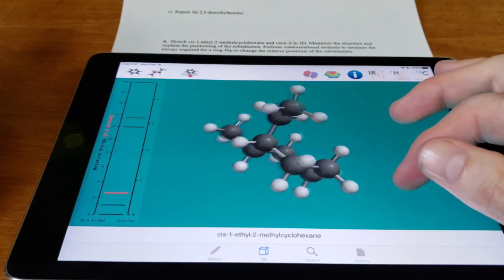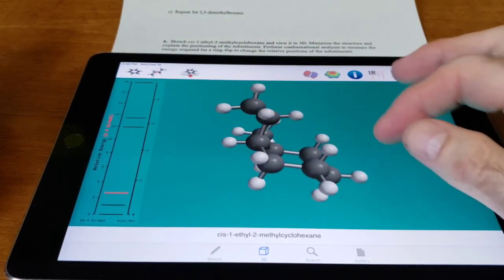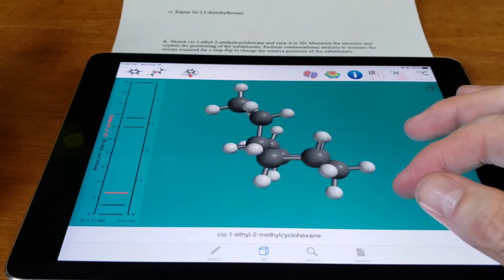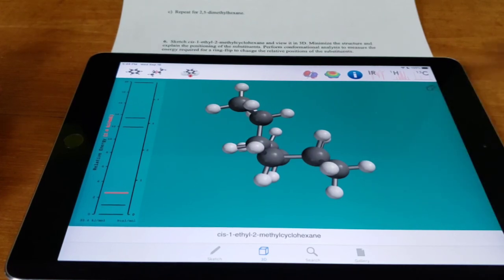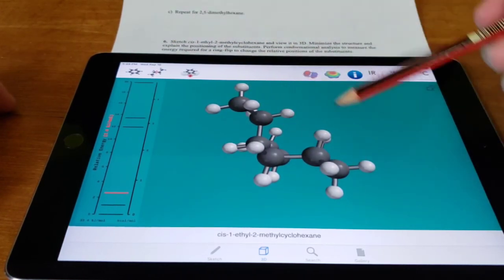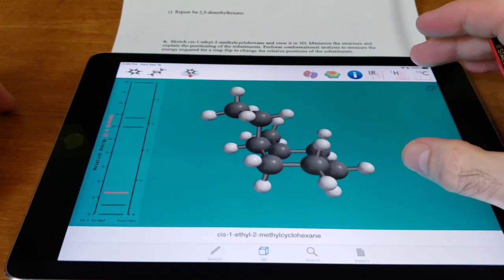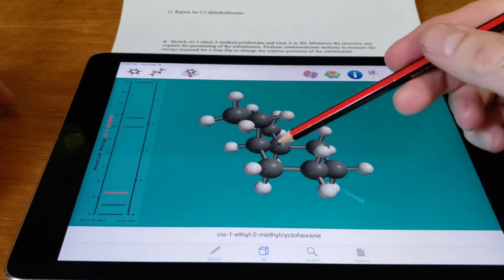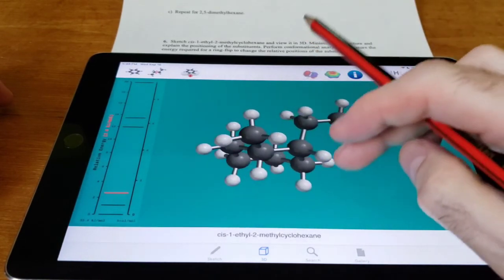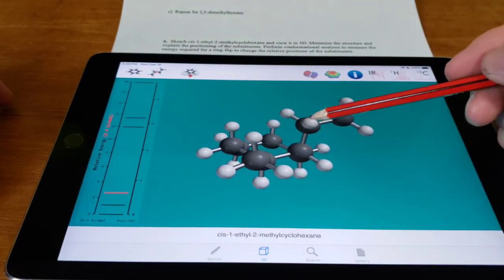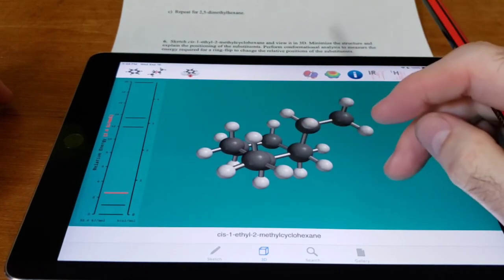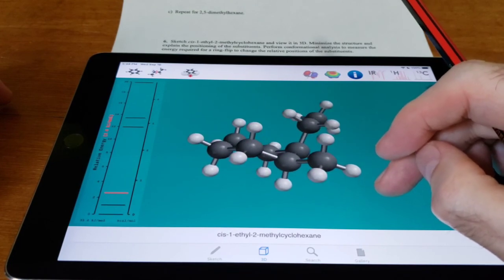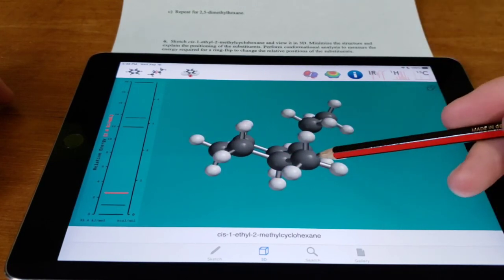If I perform a flip on this ring so that it is still a chair, it has to be the ball and stick actually under the conformational menu. I can't go back to just the stick figure. So this is still a chair. You can see the undulation here. But now my ethyl is in an axial position and the methyl is equatorial.